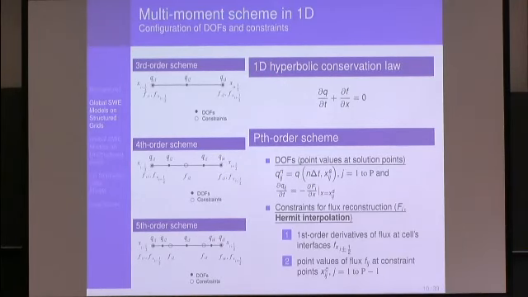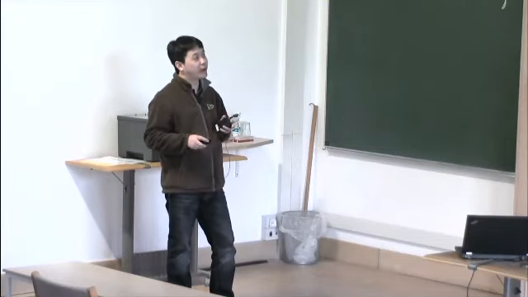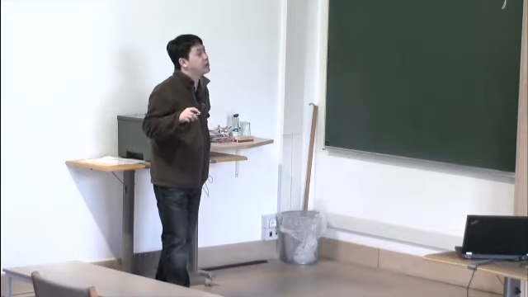The first step is to define the degrees of freedom. Remember, we are going to develop a high-order numerical scheme with a local reconstruction, so more than one DOF is defined within each control volume, like shown in these three figures.